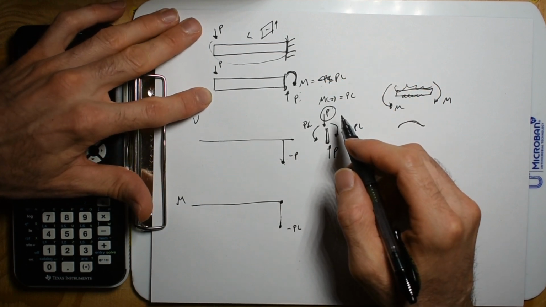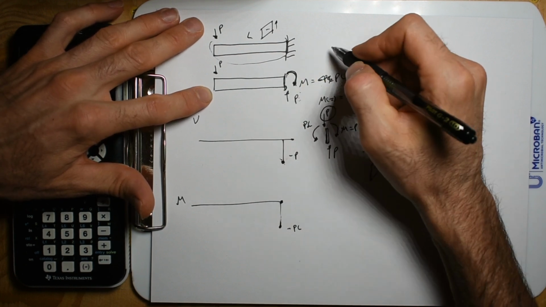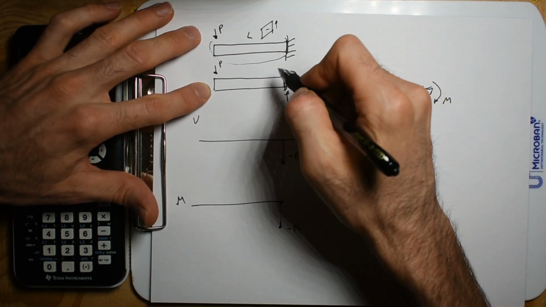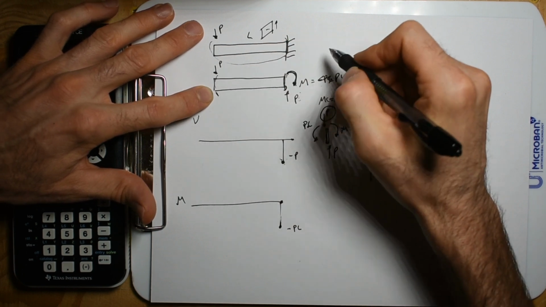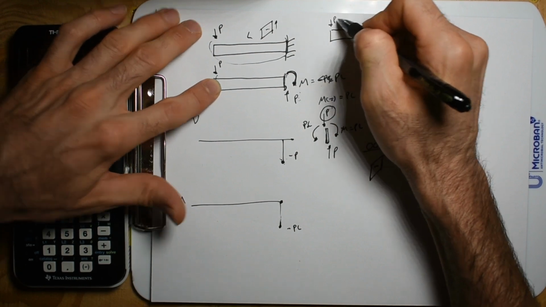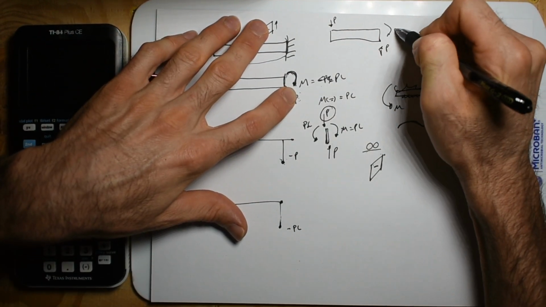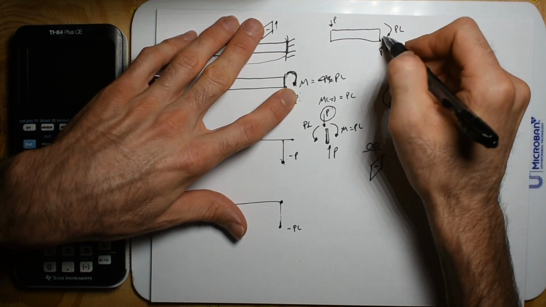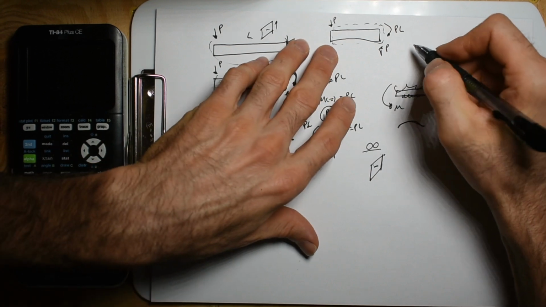And that's what got me confused from over here, and now I think I caught my error. Because now if we already chop this out, we know we have a P down, a P up, but we also have this moment, PL. So now if we want to chop from this side to over here and expose that face, I think that's where we ran into the issue.